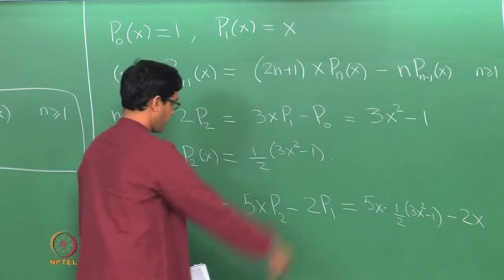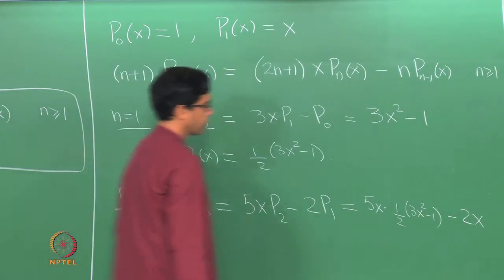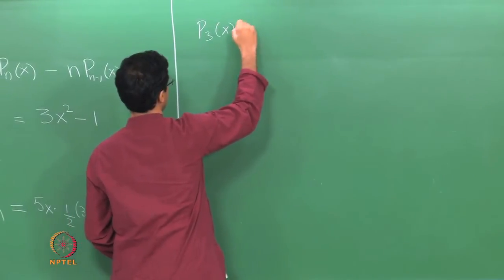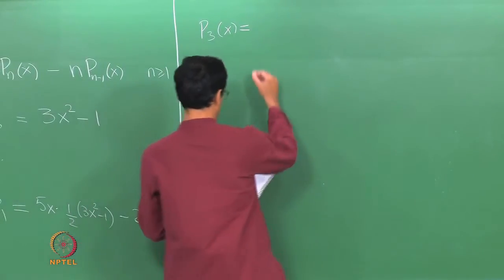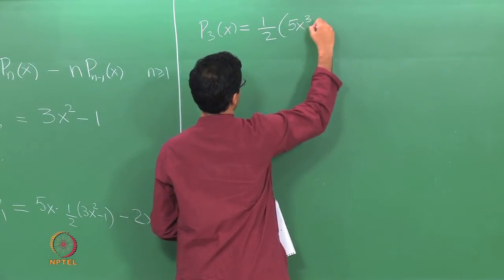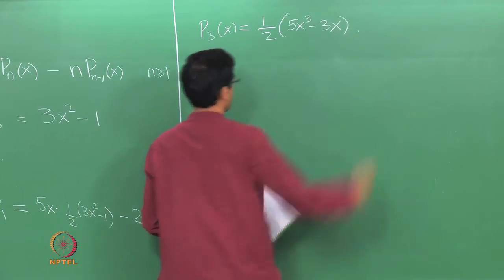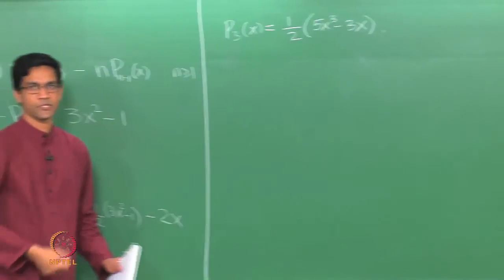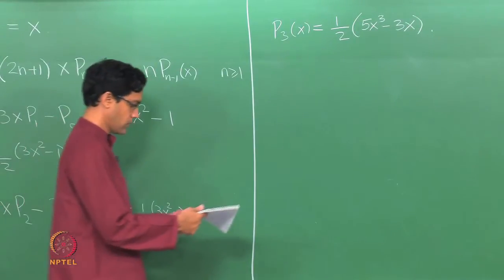One needs to simplify this a little bit and divide by 3 to conclude that P3 of x is half of 5x cubed minus 3x.